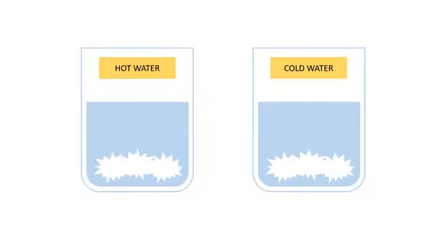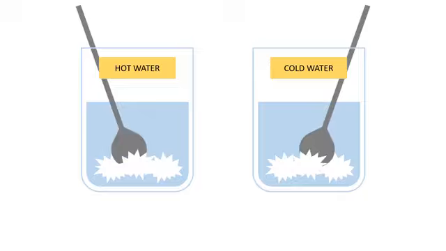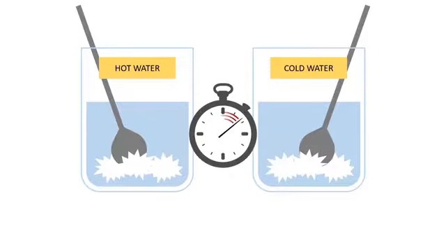And then we add in equal amounts of powdered laundry detergent. And then we mix those together until each one dissolves completely. And while doing this, we time them. We need to figure out which one finishes first and then take note.